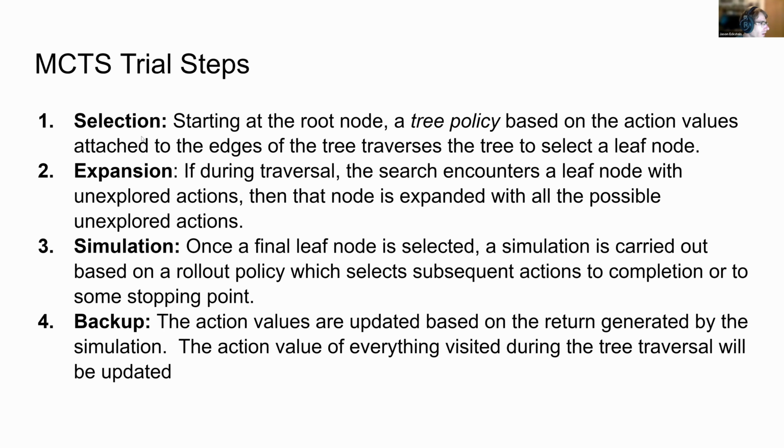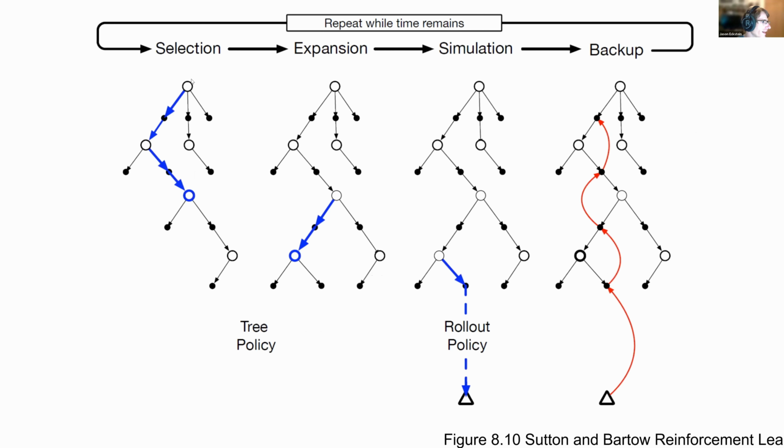But the way this upper confidence bound element comes in is how we actually traverse the tree in MCTS. The idea is that we have this tree built up with the data that we've collected so far.